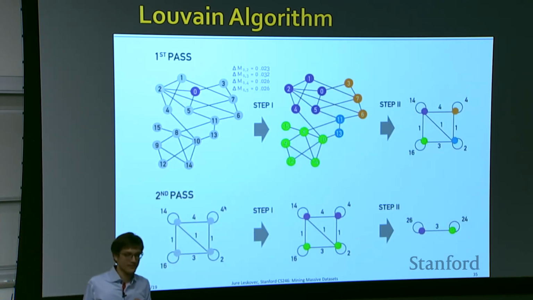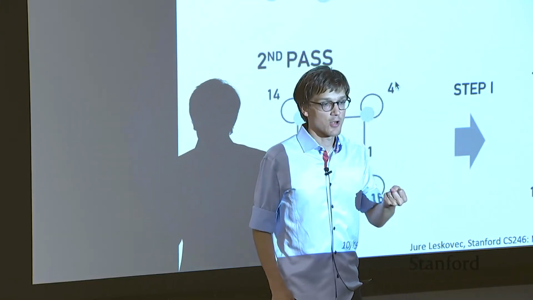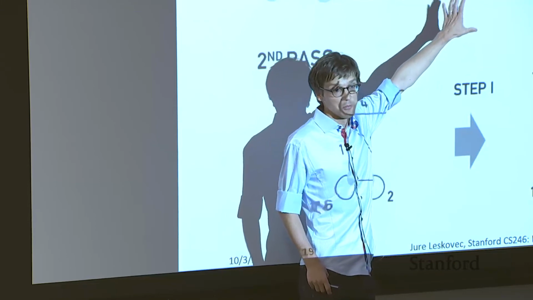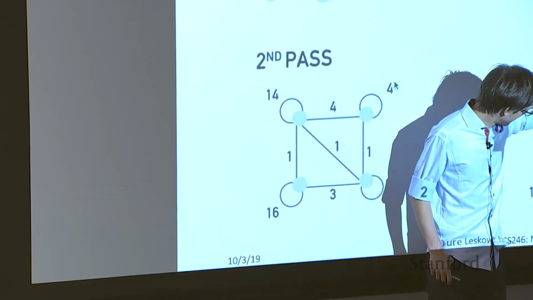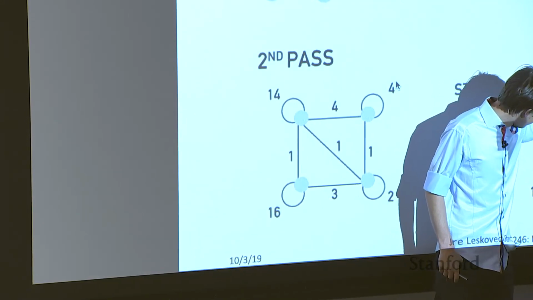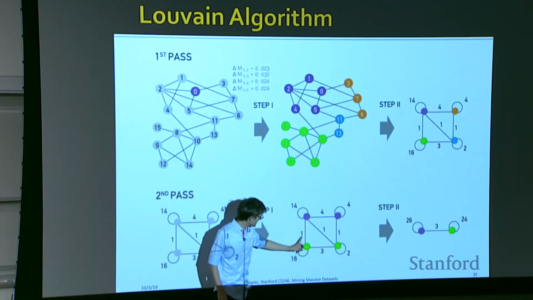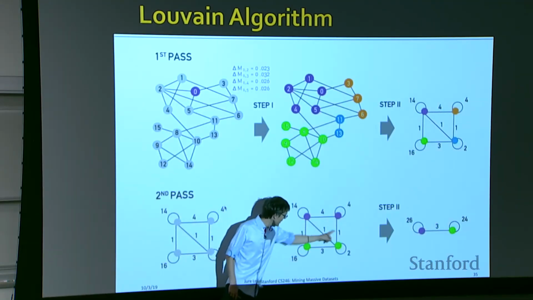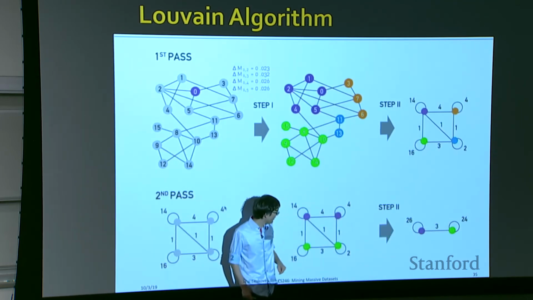After step 2, we decide the edge weights between the supernodes. Is it the number of connections? It's the total weight of connections. So here you think of your graph as weighted. For example, when I merge these two, it should be this plus this. Here there are 3, so that's why there is a 3 there.